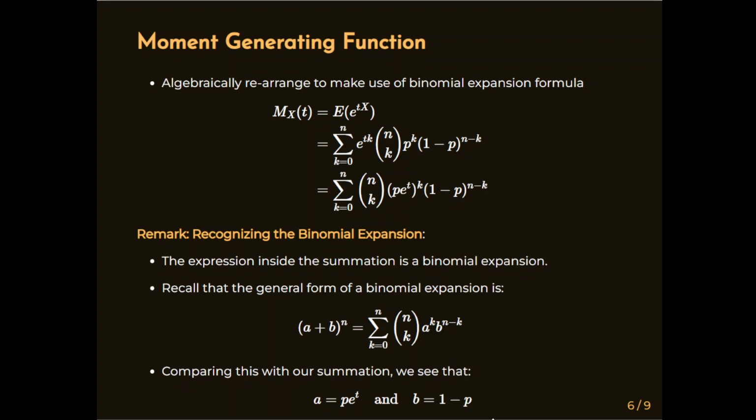Algebraically rearrange our expression to make use of the binomial expansion formula. Okay, so M of t, subscript x, for the random variable x is the expectation of the exponential of t times x. So that is using the probability mass function.